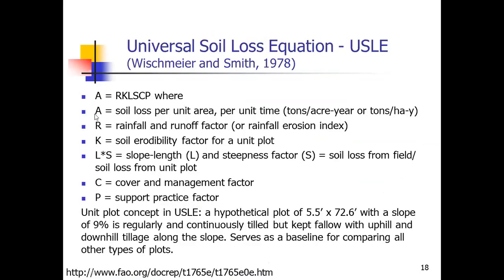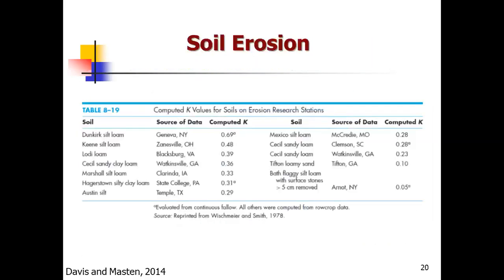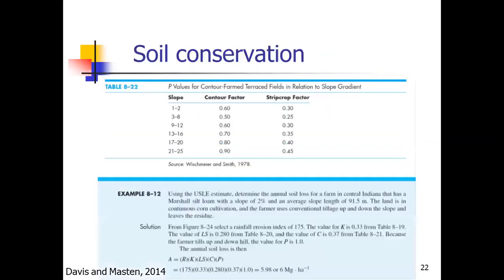So this is our USLE. So we have all the factors and we know how to determine them for different conditions. This is an example problem that is taken from the textbook that's noted over here. And you can determine the amount of soil lost per year, annual soil loss for any given set of conditions.